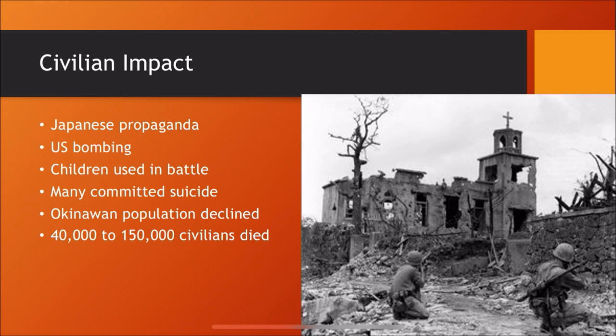Alright, now for the civilian impact from the Battle of Okinawa. The Japanese widely used propaganda to scare their own citizens and encourage them to do whatever it took to avoid surrender. They often depicted the Allies as an unethical and brutal enemy who wouldn't hold back on any form of punishment.